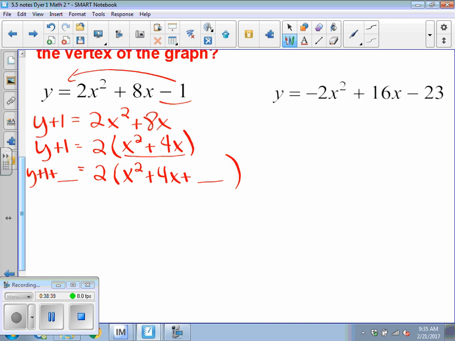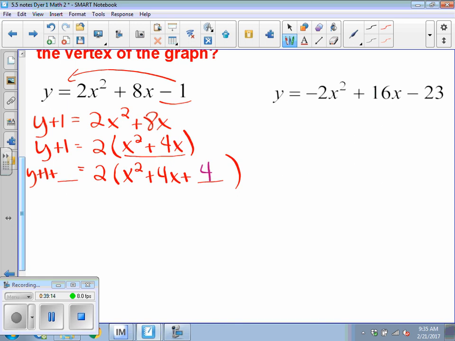My purpose now is to find c so that this is a perfect square trinomial. So what does c have to be? Pretend like that 2 is not even there. c has to be what? 4. So we're going to add 4 here. But now be careful. How many did I actually add to the right-hand side? I didn't just add 4. I added 8, because there is a 2 on the outside, so everything in here gets multiplied by 2.